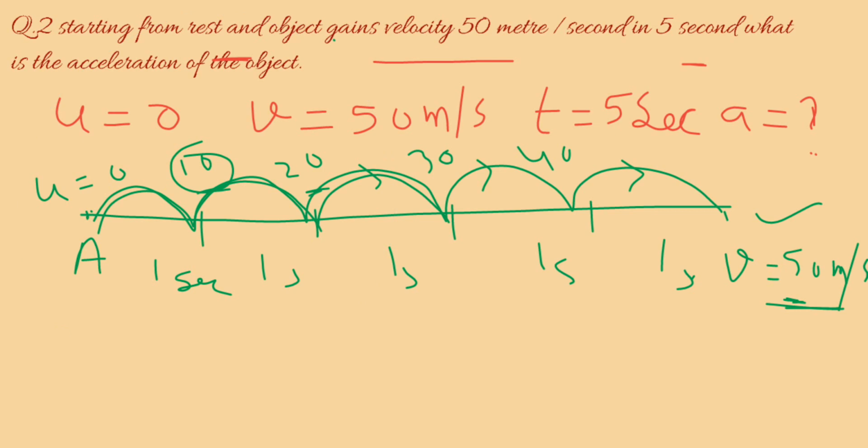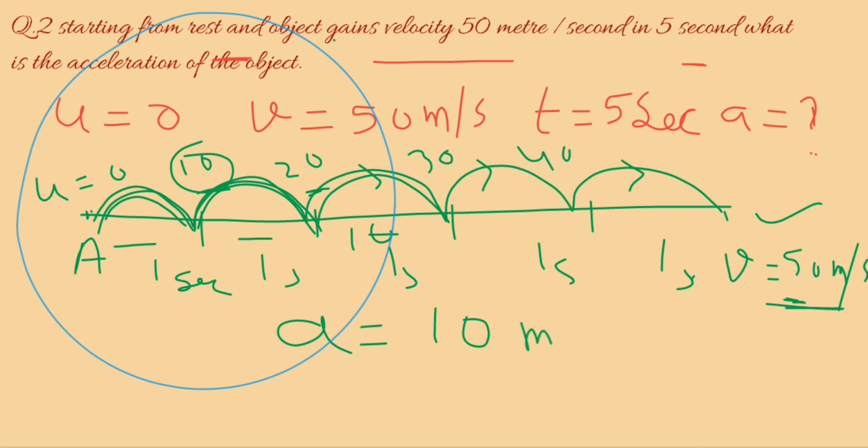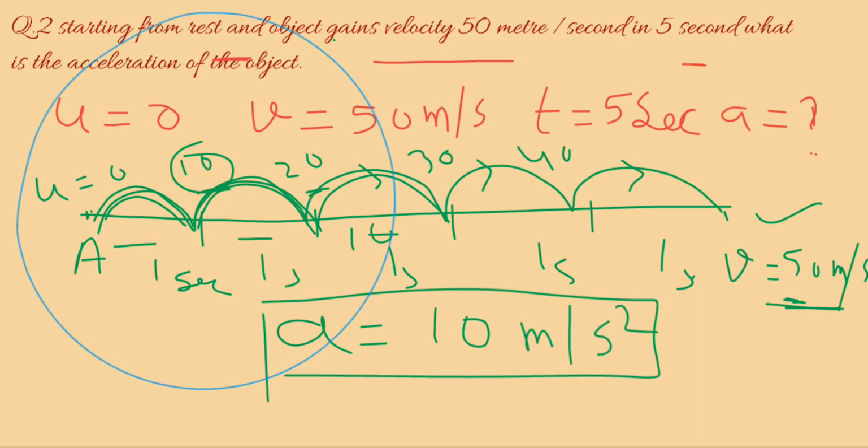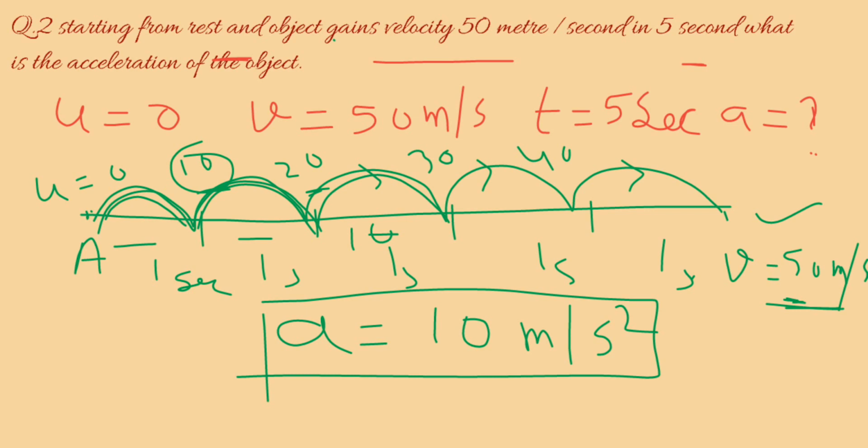We can see the interval every time is always 10. 0 to 10, 10; 10 to 20, 10. So what is the interval? The interval is 10 meter per second square. So what is the acceleration? 10 meter per second square. Am I correct? Now we will again solve the question by formula.